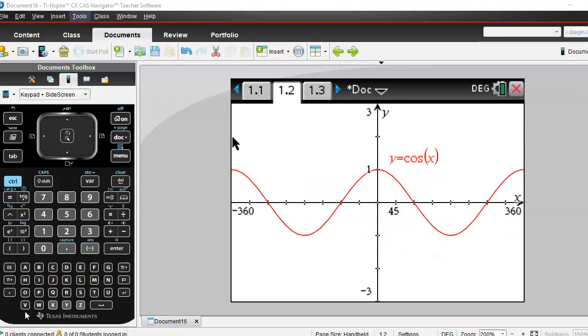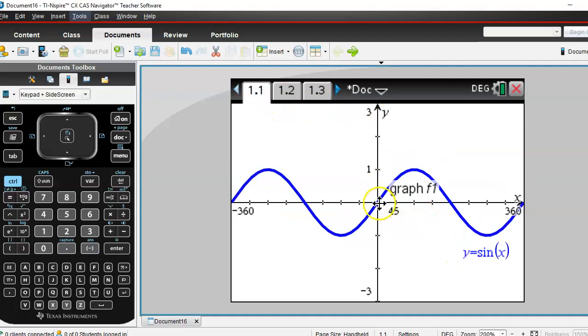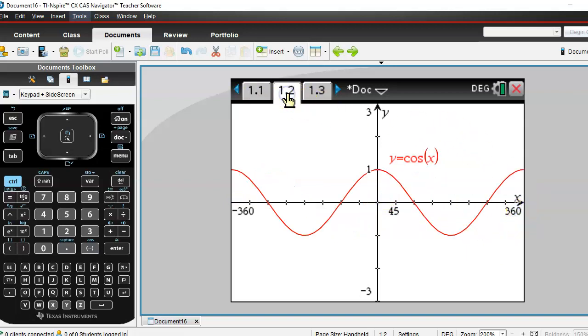Now here I've got my cosine graph. Looks very similar, doesn't it? But where the sine graph started at 0, went up to 1, then back through 0, down to -1, and back up to 0 again, if we're looking from 0 to 360 on cosine, we start at 1, move down through 0 to -1, up to 0, then back up to +1 to start the cycle again.